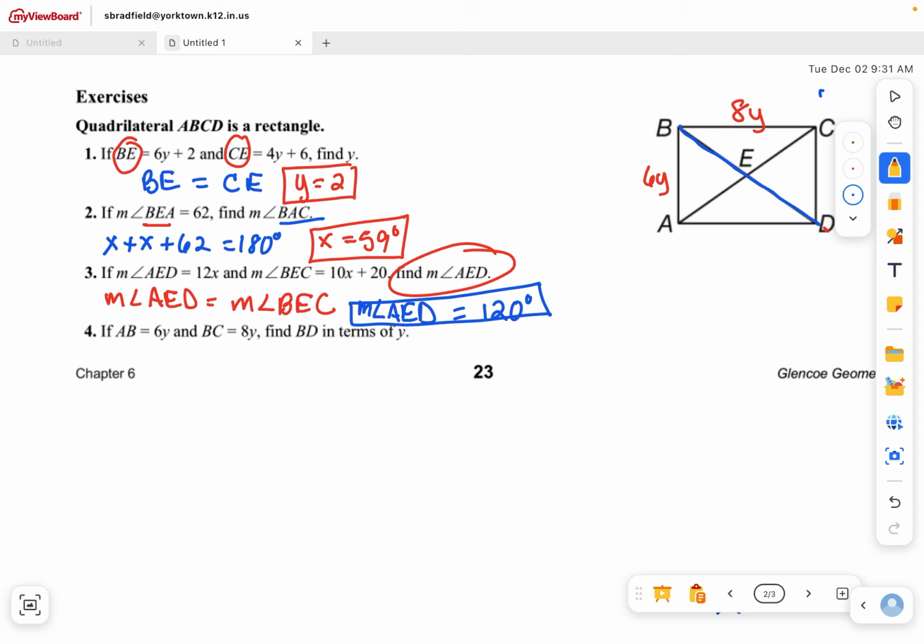So this is kind of a tricky one. Let's remember that all of the angles are right angles and that the diagonals are congruent. Okay, so the length of CA is the same as the length of BD.